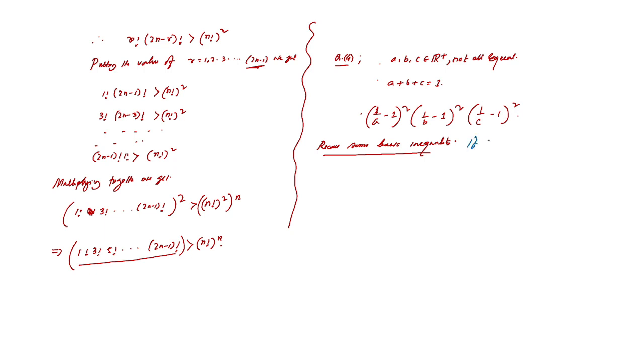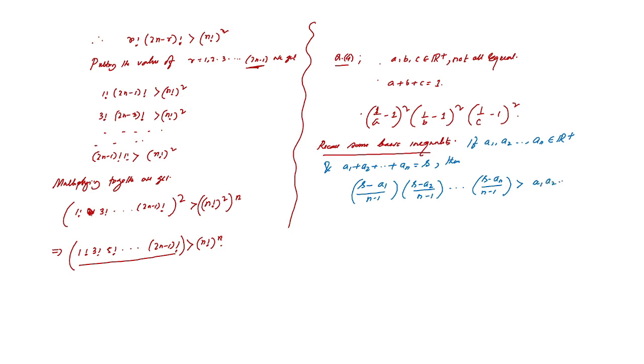So the inequality is: if A1, A2, ..., An are all positive real numbers and A1 plus A2 plus ... plus An, that summation, is S, then (S minus A1) by (n minus 1) multiplied by (S minus A2) by (n minus 1) up to (S minus An) by (n minus 1) is strictly greater than A1 A2 ... An, if they are not all equal. Otherwise, if they are equal, then equality holds.